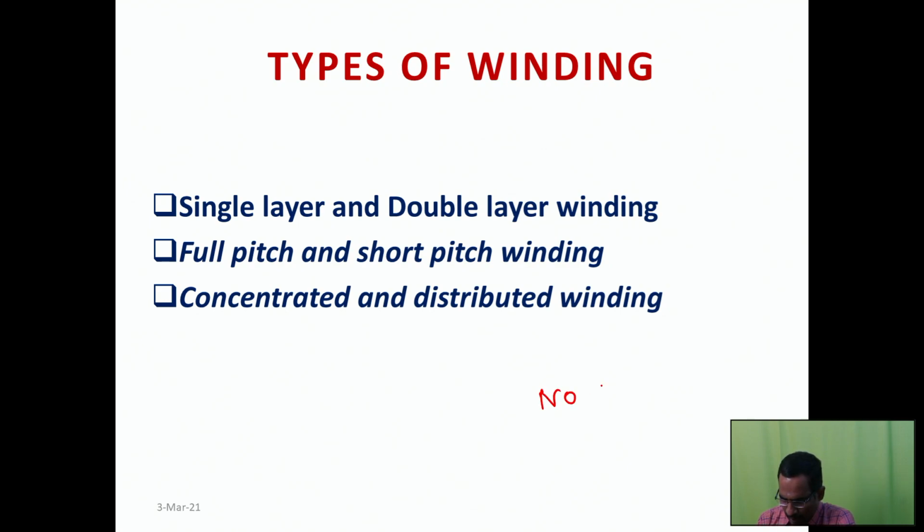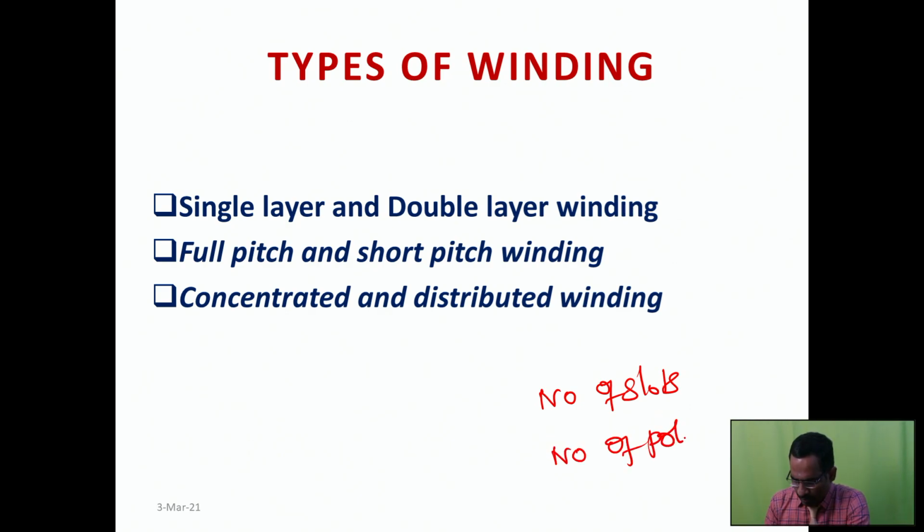The number of slots and the number of poles must always be even numbers. We may not have odd numbers like 1, 3, 5, 7. Both should be even numbers.